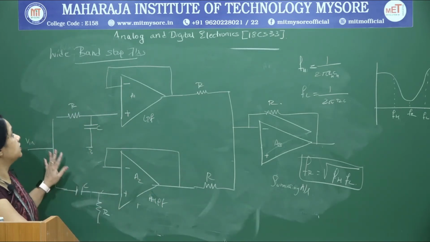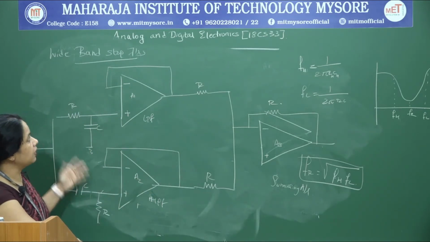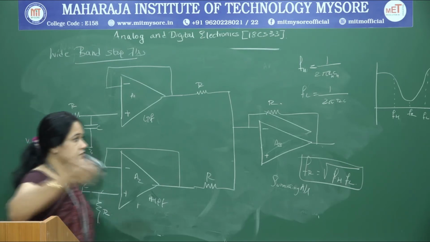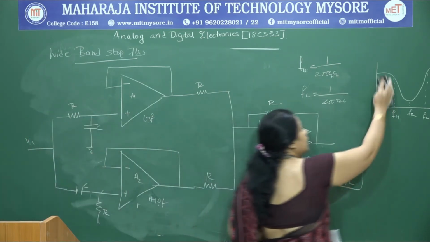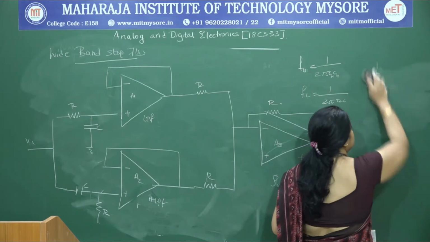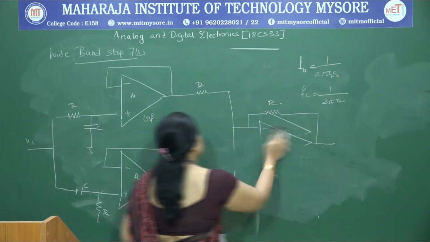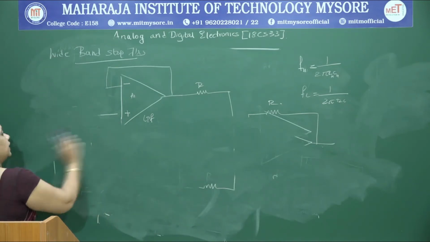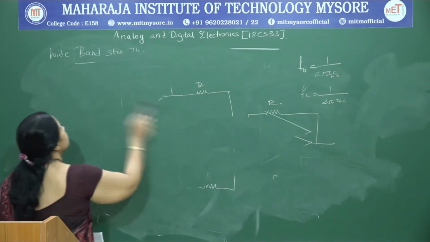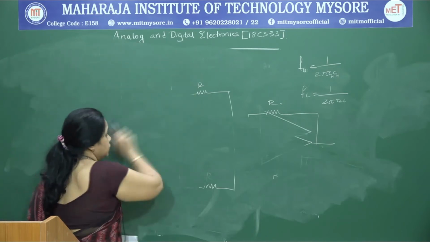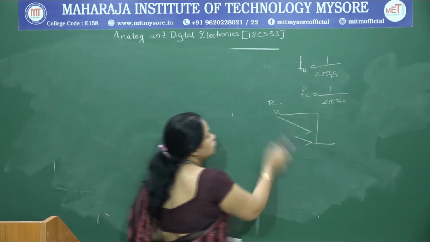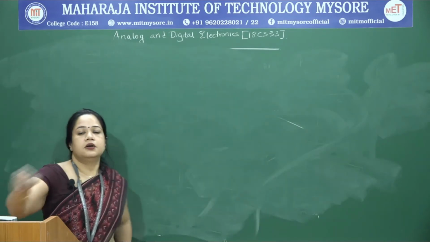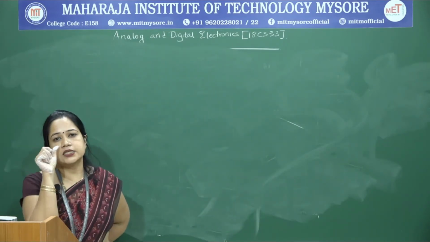So, this is how you construct a wide band stop filter, and coming to a narrow band stop filter, it has a very narrow frequency response. Just as we avoid using separate op-amps for a high pass filter and low pass filter section, instead we use a T RC section.